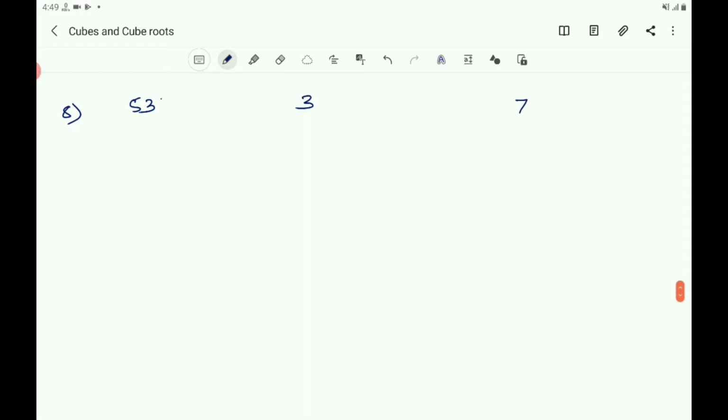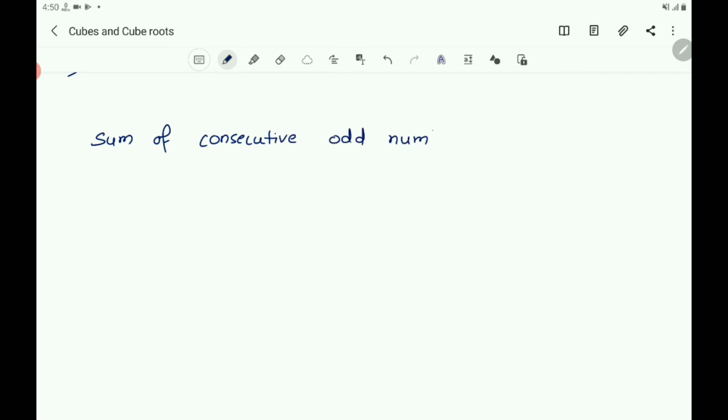Now let us verify the sum of consecutive odd numbers.